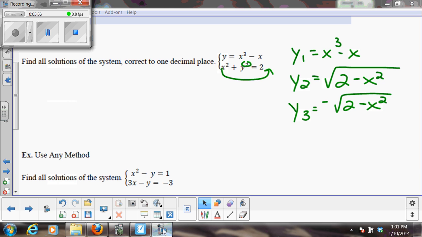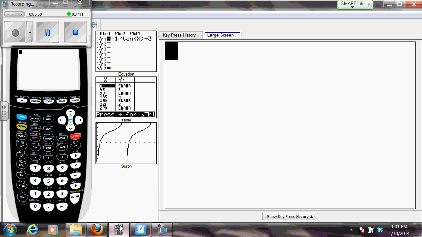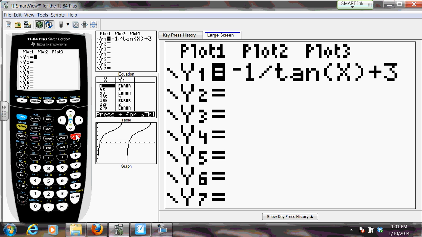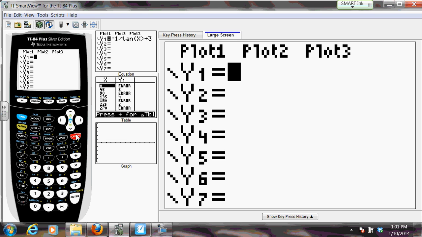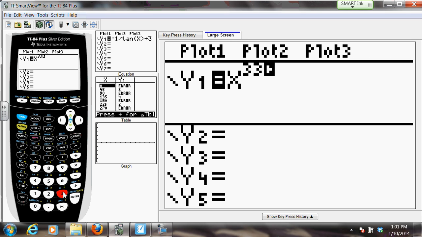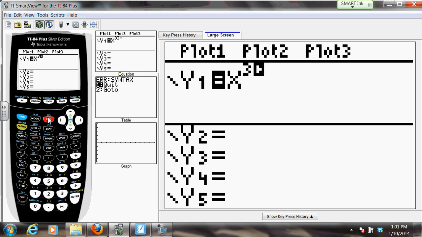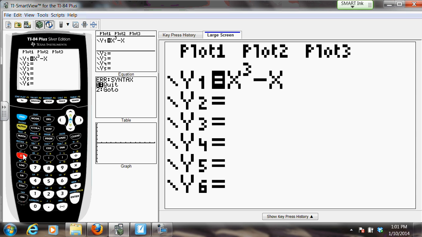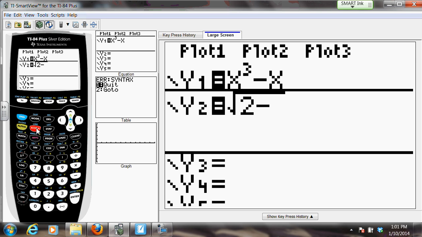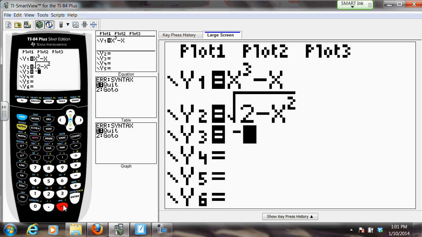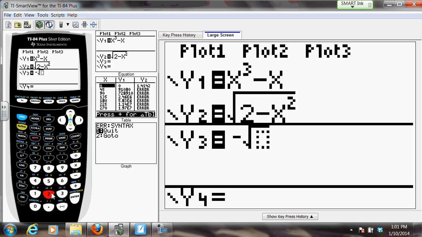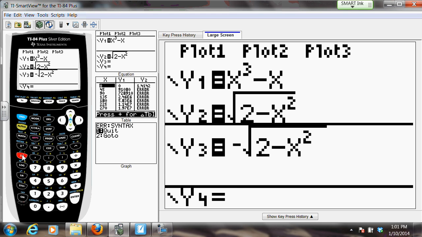So I'm going to put those 3 in. Oops, wrong button. X to the third minus x, and then the square root of 2 minus x squared, and the negative square root 2 minus x squared.